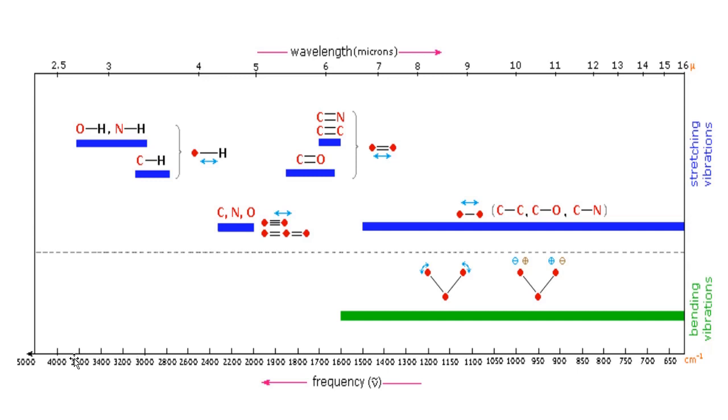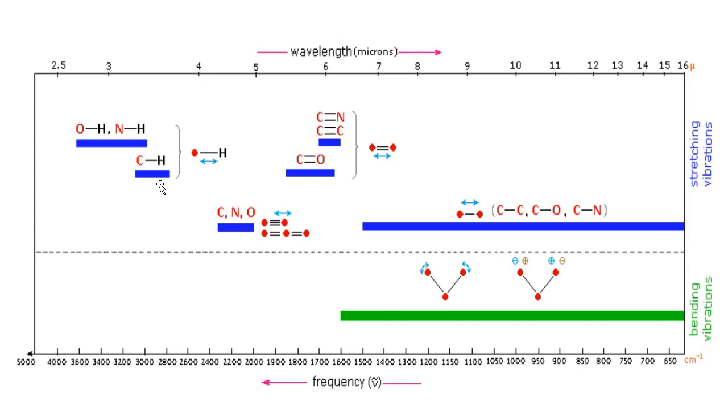Similarly, you can see the OH stretch and NH stretch usually taking place between 3100 to 3700. Usually OH stretch takes place between 3200 to 3600 centimeter inverse, and you can see the CH stretch usually taking place between 2800 to about 3200 centimeter inverse.